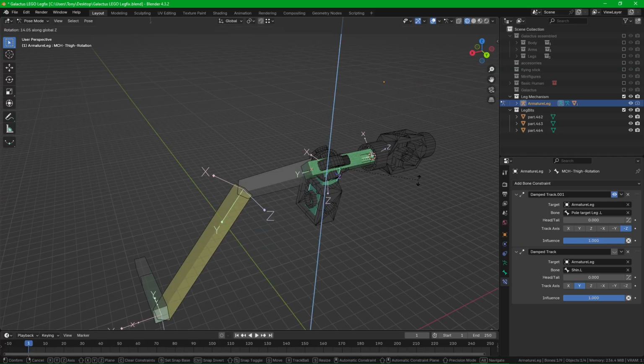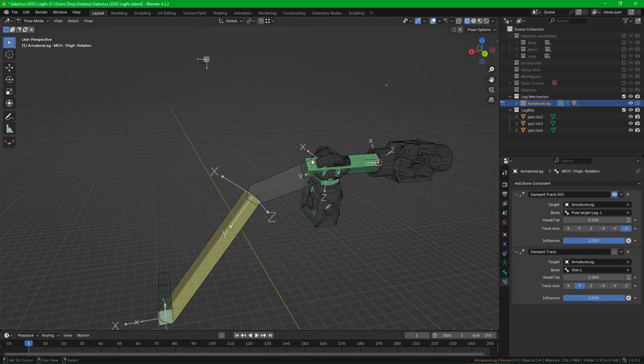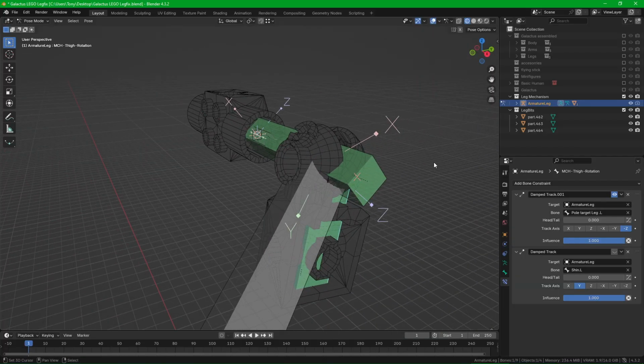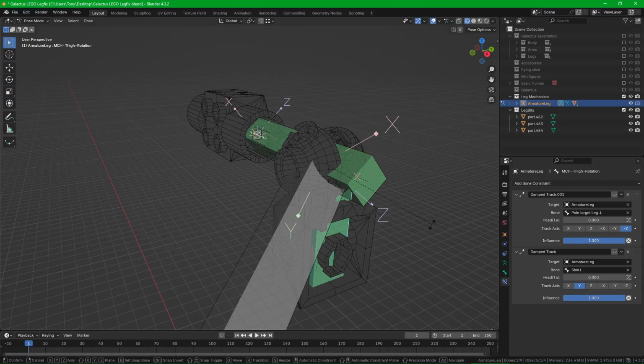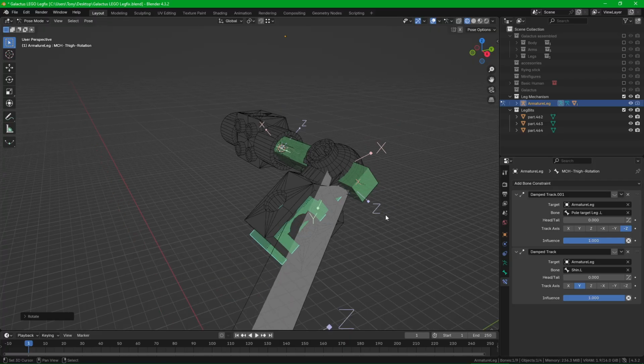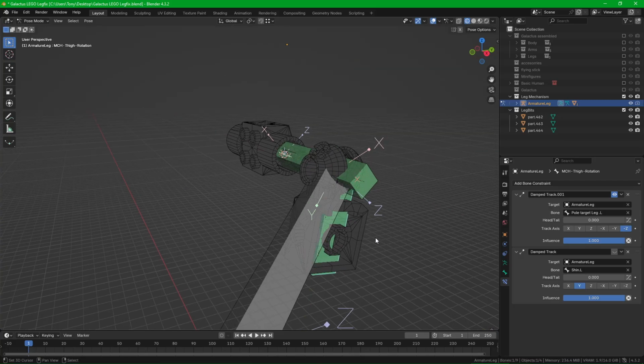If I try and rotate this around the vertical axes, because of this constraint here, it's always going to keep pointing forward towards that, so it's going to stay with this circle lined up with this to some degree. There you go, there's a good one.